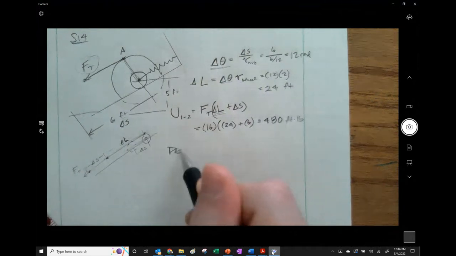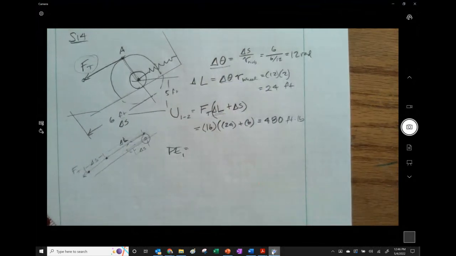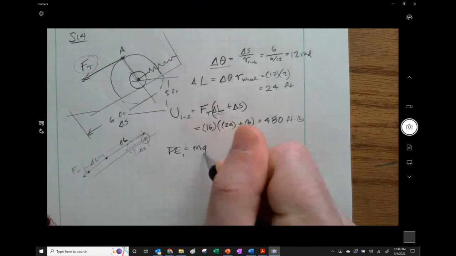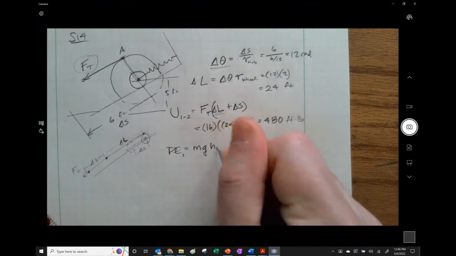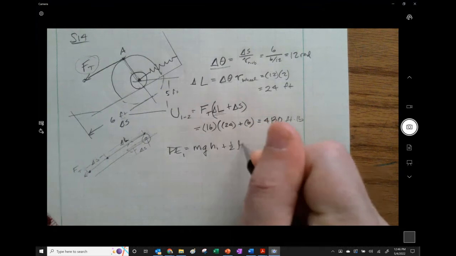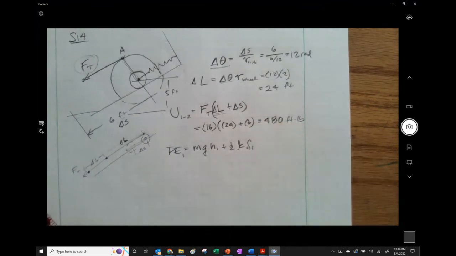So the potential energy at state 1 is going to be mg h1 plus 1/2 k del 1 squared. And do they tell us in the problem? I'm looking to see where they tell us.